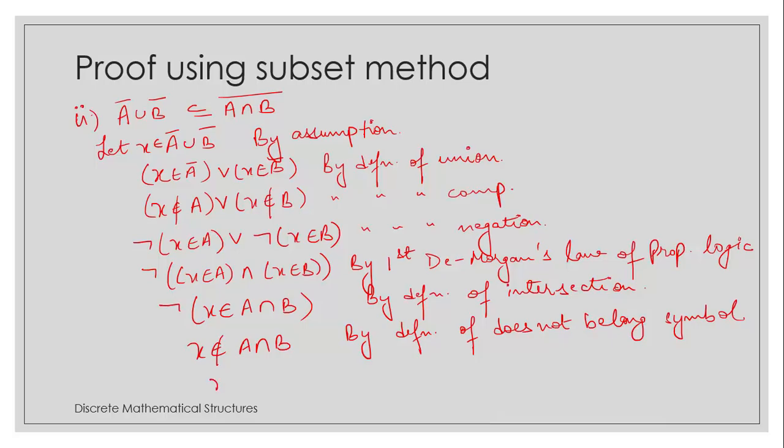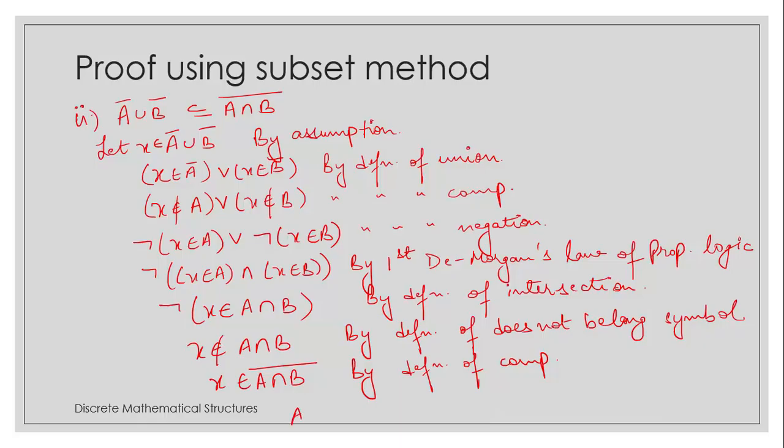Then finally this can be written as x belongs to A intersection B complement, by using definition of complement. So if x belongs to A bar union B bar, then x also belongs to A intersection B bar.